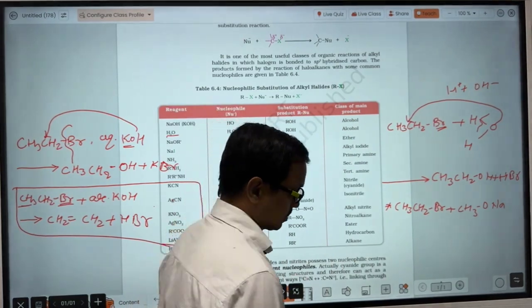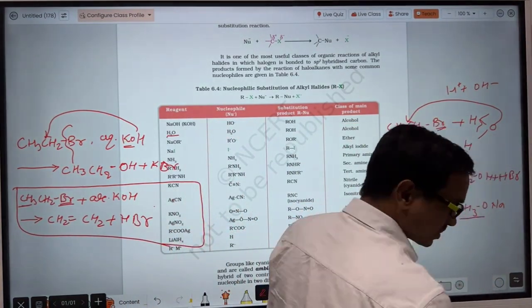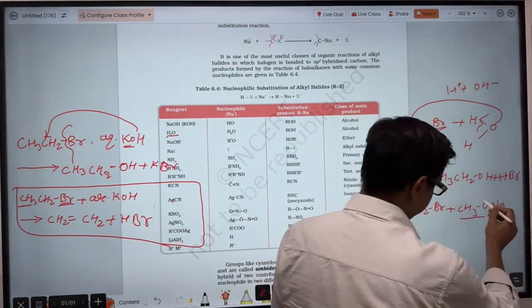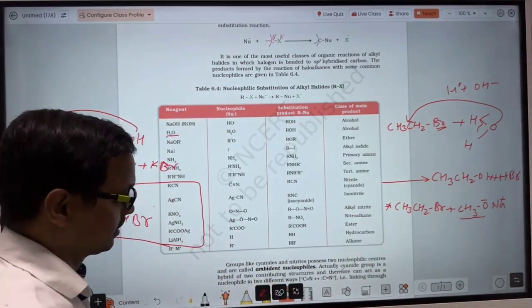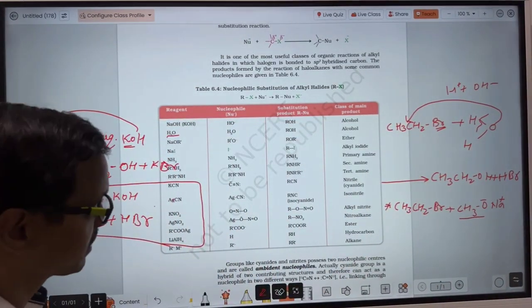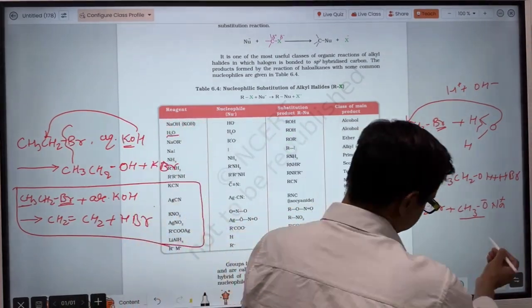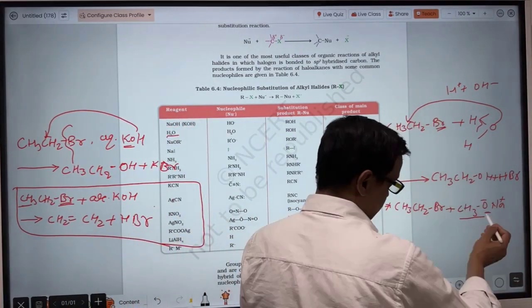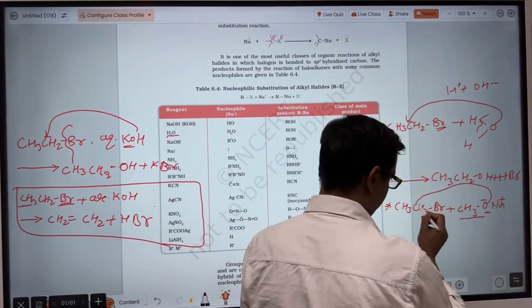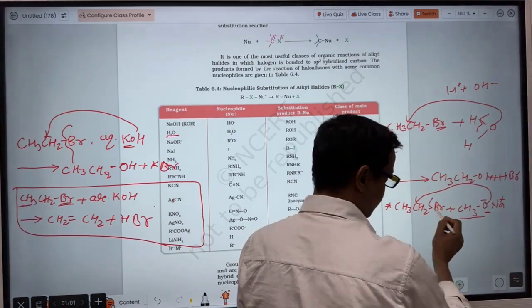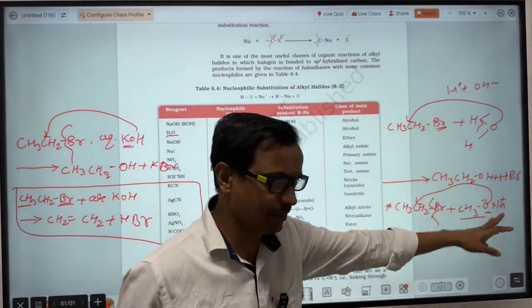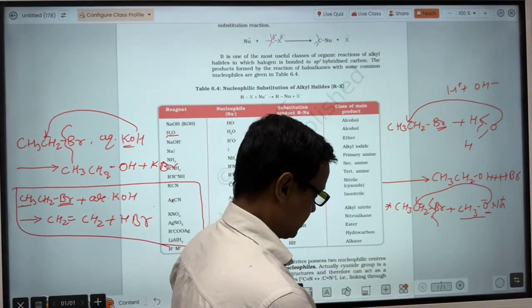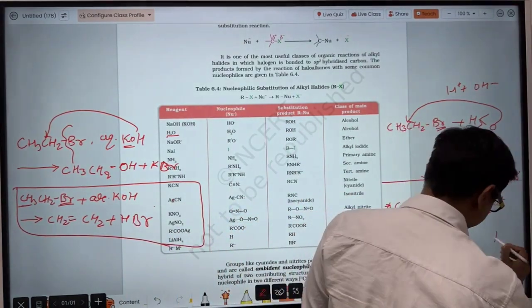So what happened here? The nucleophile is the methoxide ion. Here is the negative charge and sodium has the positive charge. This oxygen has the negative charge, so this oxygen will get bonded to this carbon, and bromine will be released. The released bromine will combine with Na plus and become NaBr.